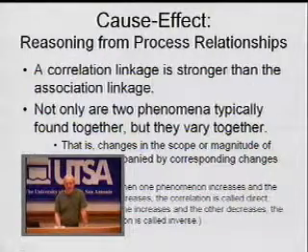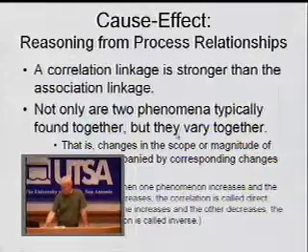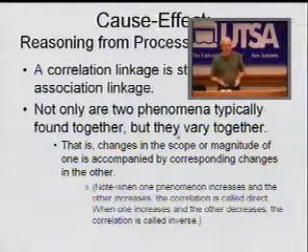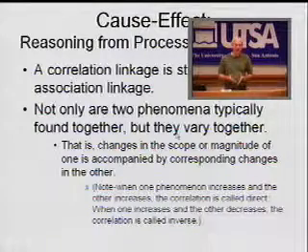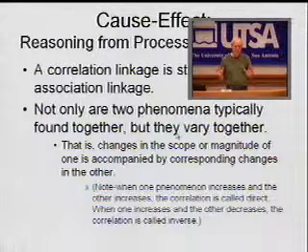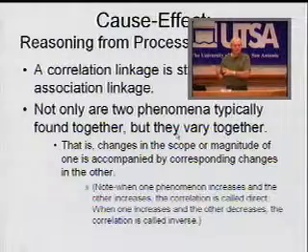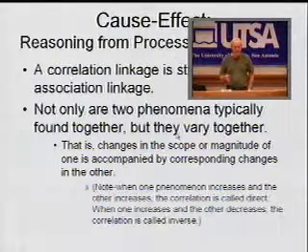So correlation linkage is stronger than the association linkage. Not only are two phenomena typically found together, but they vary together. It's quite obvious that establishing correlation takes more experiments because you've got to have more data points. But if you establish a correlation, then you're one step closer to the causal association. This is pretty strong.